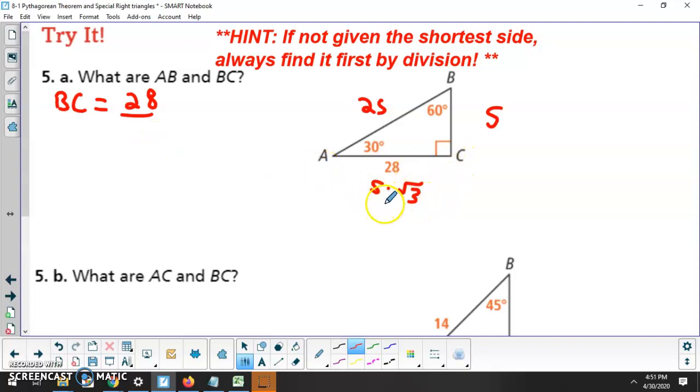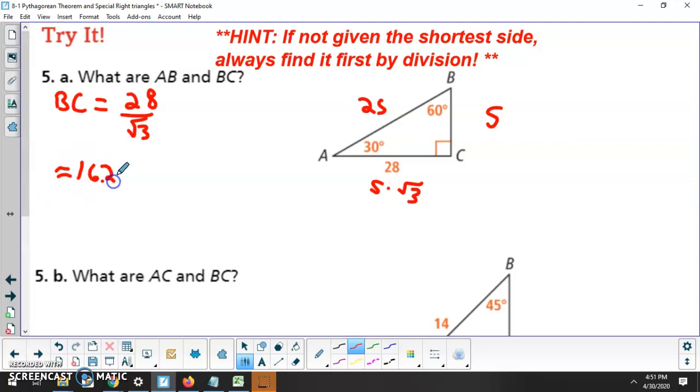AC is 28, and if you want to go to the shorter one, you're dividing by the square root of 3. You could do this in your calculator, and that's what I had you do yesterday. 28 divided by the square root of 3 is approximately 16.2.